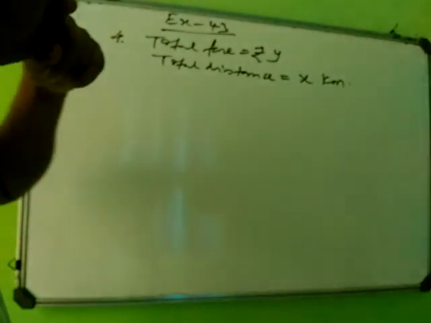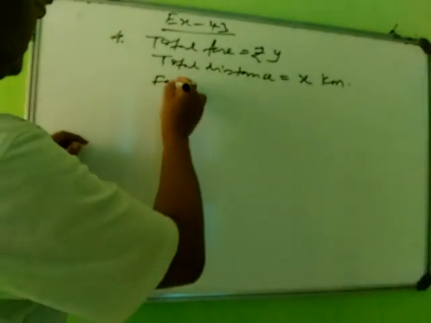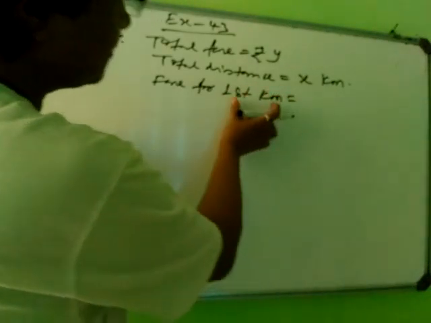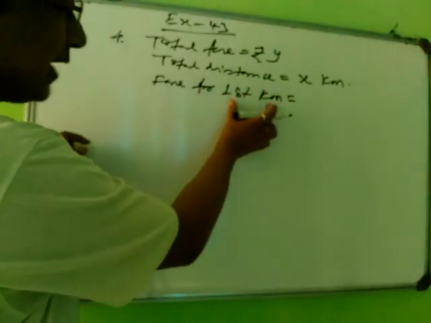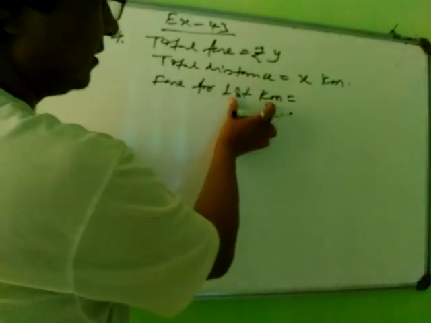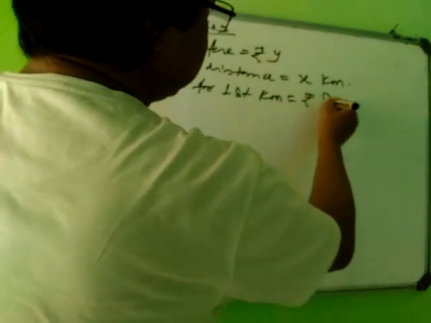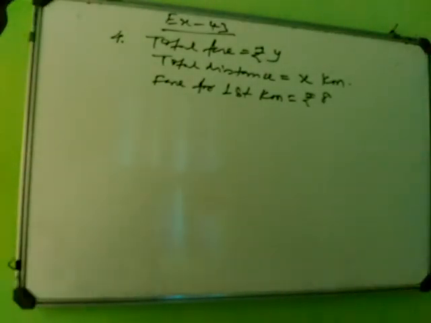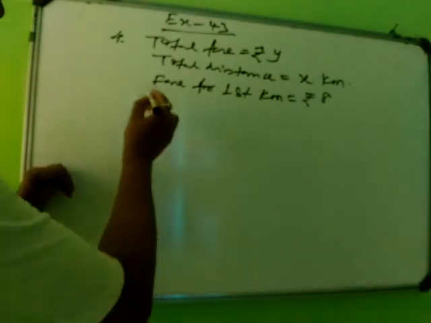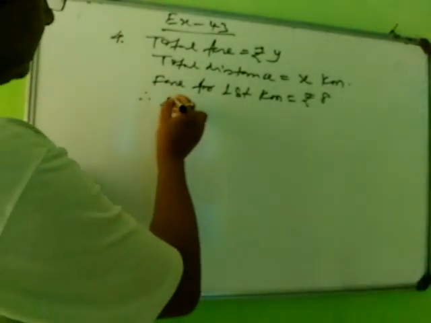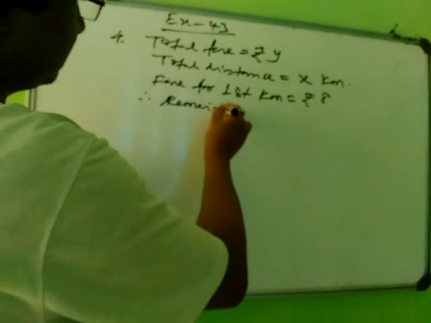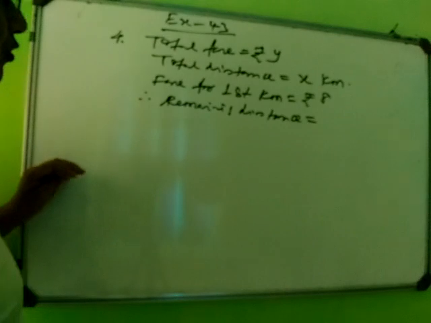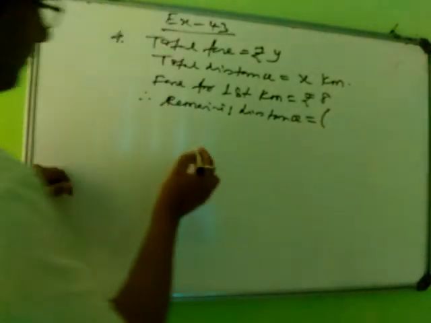Then they have given the fare for the first kilometer, that means the first 1 kilometer, ₹8. Then for the subsequent distance, that means the remaining distance. So therefore the remaining distance equals, so now how much will it be?